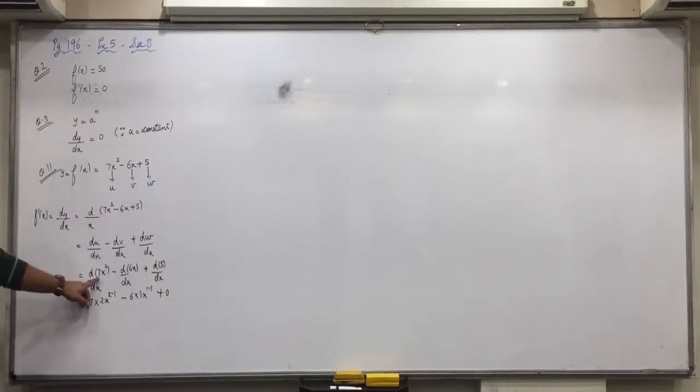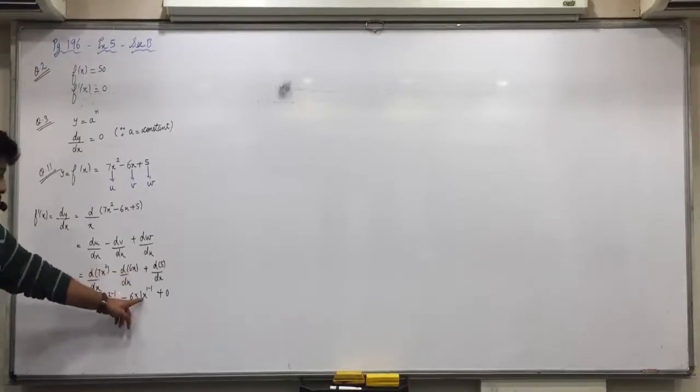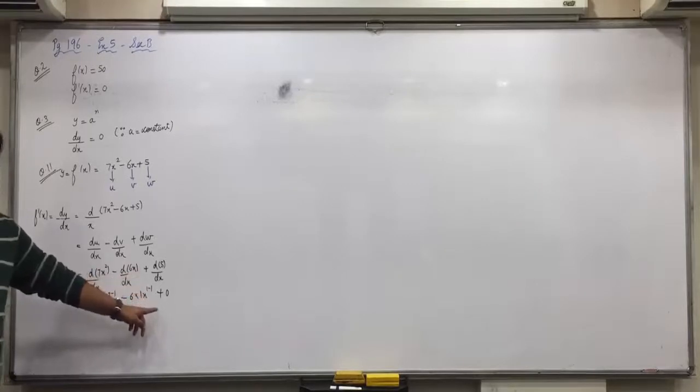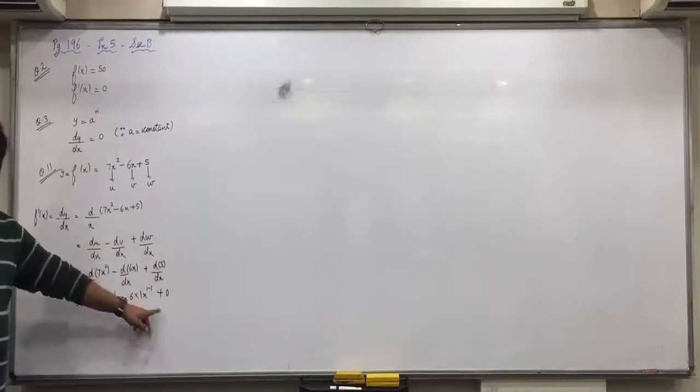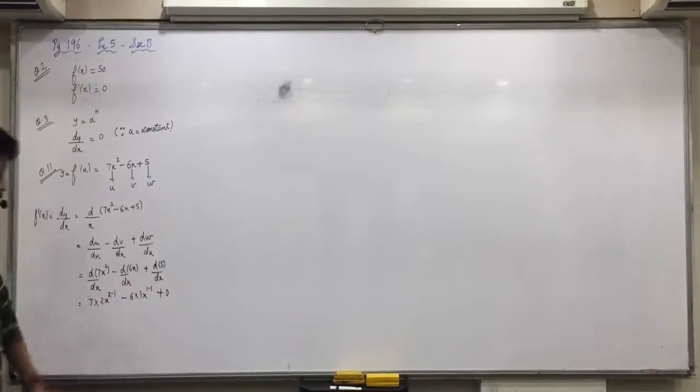Once again, 7 as it is, x raised to 2, n is 2, x raised to 2 minus 1. 6 remains as it is, n is 1, x raised to 1 minus 1, and the constant number's dy by dx is 0. Any confusion so far?